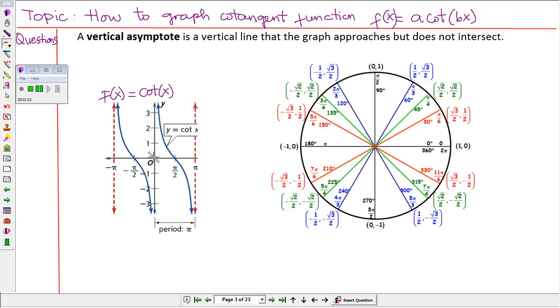The y-axis is also a vertical asymptote. So let's list it right here. In one period, there are two vertical asymptotes.